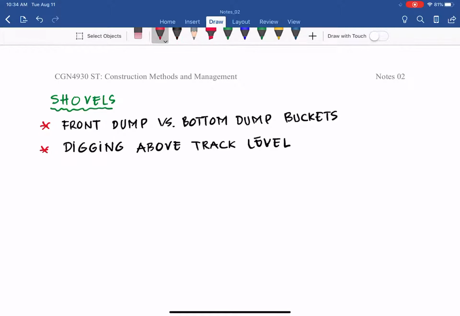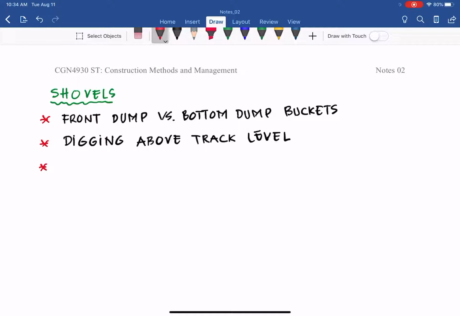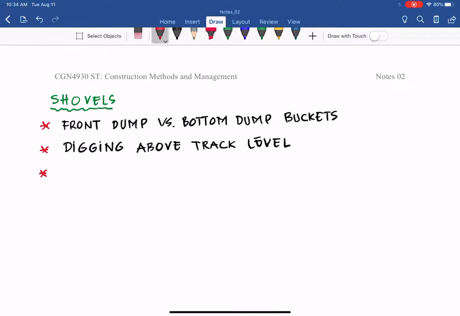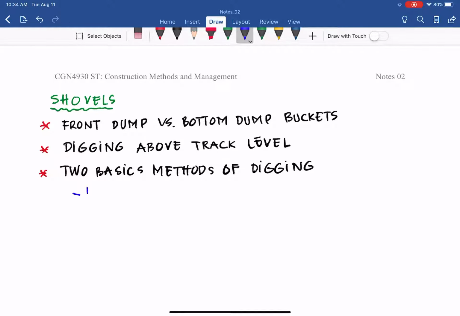And there are two basic methods that you saw in the previous presentation, the frontal approach and the parallel approach. You may refer to the slide and the presentation previously. What are they? The first one is the frontal approach.